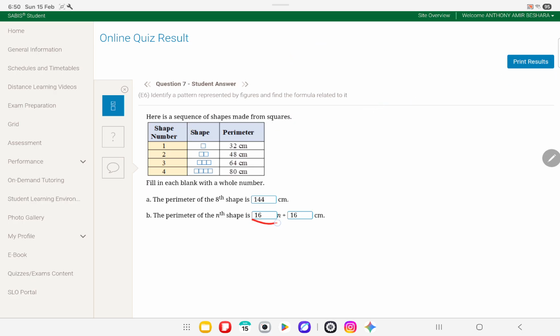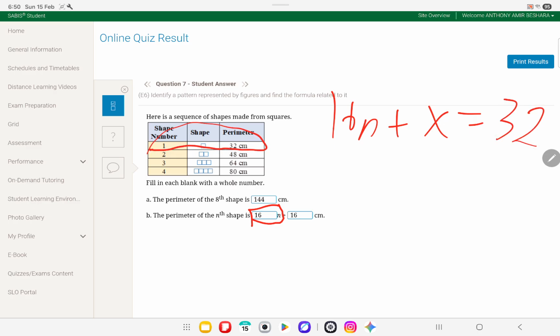So here it's 16. Now how do we find the other number? We write 16n plus x is equal to, we could take this one first, is equal to 32. So n is the shape number, which is 1. So it'll be 16 times 1, which is 16, plus x equals 32. 16 plus what is 32?